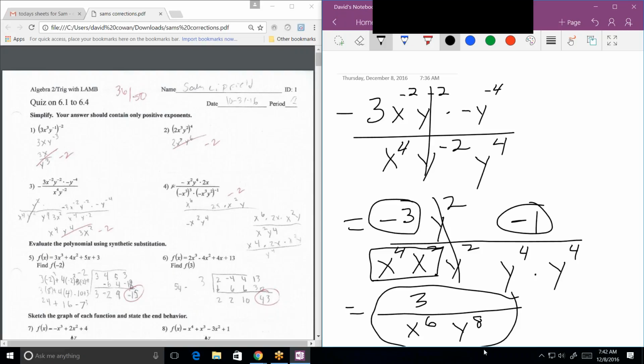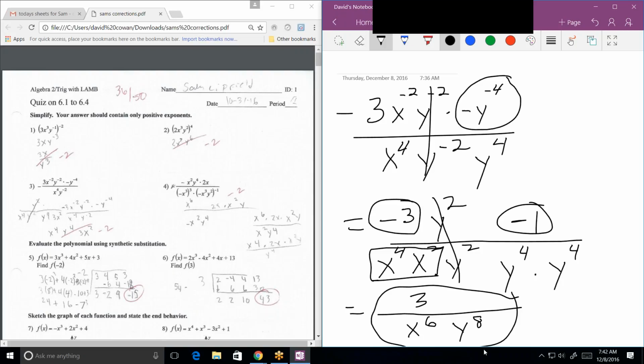The only difficulty at all in this problem was how to handle that part right there, because that's a little strange. They don't have parentheses around it. If there were parentheses around it, then I would have moved the minus y to the fourth to the other side.